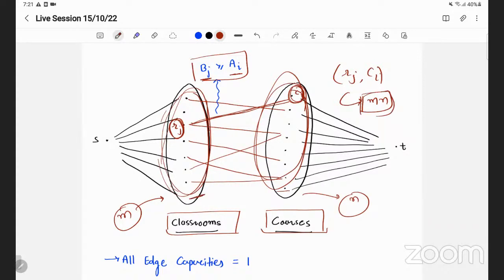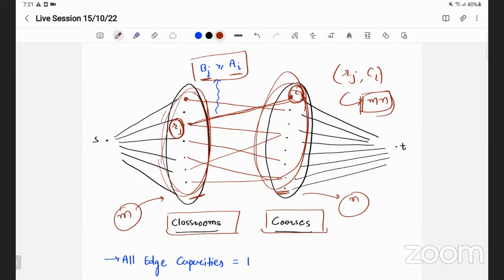And now, if you observe, this problem is simply finding a maximum matching of this bipartite graph, right? Because we just want to allocate each classroom to exactly one course and each course to exactly one classroom, and that is basically what the maximum matching problem says.